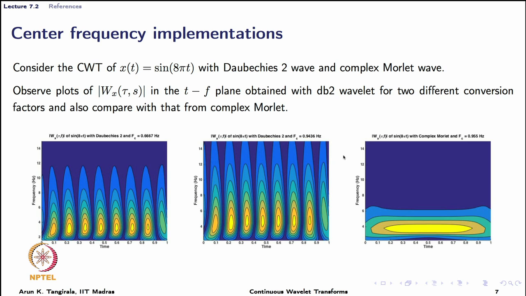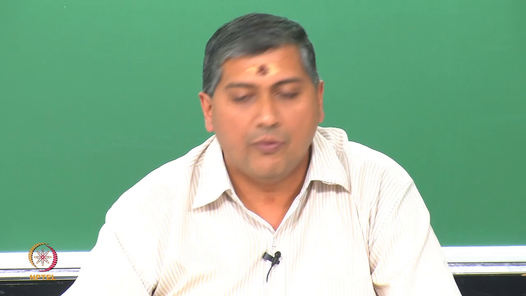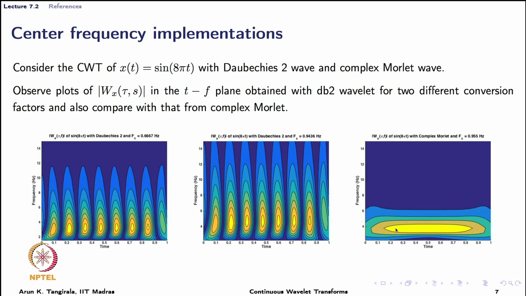a conversion factor. Now, compare this with what I have in the Morlet wave. Besides the fact that the CWT looks highly localized and so on, the main point here is that the conversion factor that I have used for the complex Morlet wave, whether it is center or peak, more or less gives me the true frequency.